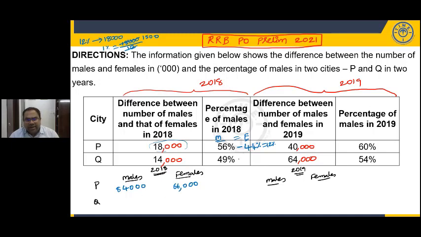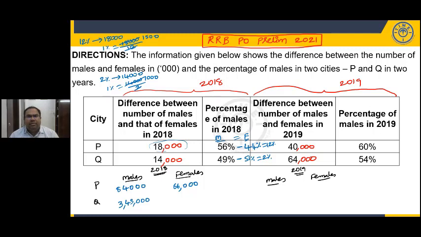Now look at this: 49% males, female should be 51, total should be 100. So the difference is 2%. This 2% is 14,000, so 1% is 14,000 by 2, which is 7,000. So 49 into 7,000, with 3 zeros: 7 times 50 is 350, so for 49 it means 343.